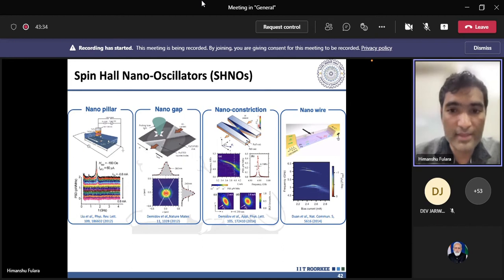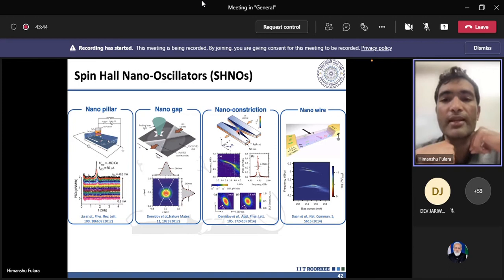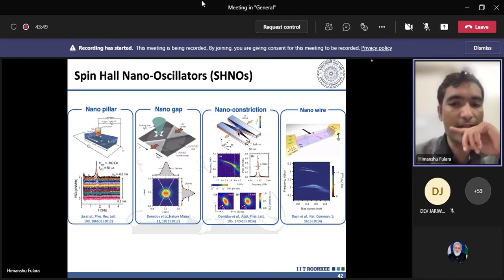Then in 2014, Democrito's group proposed the nanoconstruction geometry, which is quite similar to the bow tie you wear at the collar of a shirt. Here you can excite this dynamics. You can also make a nanowire. In all these applications, they were able to excite the dynamics with a very small current, like 3.2 to 4.2 milliampere.